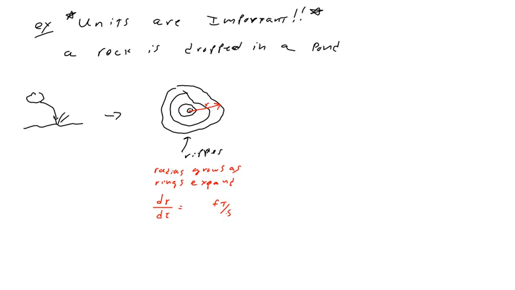We're going to say the radius of the outer ring is growing at 1 foot per second. The radius of the outer ring is growing at 1 foot per second. That's our given information.